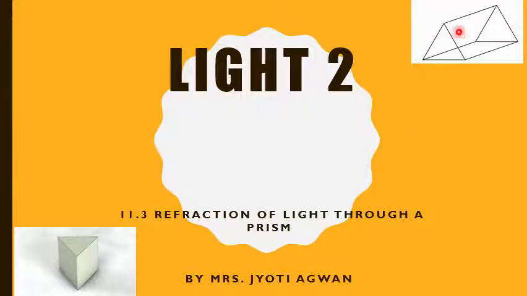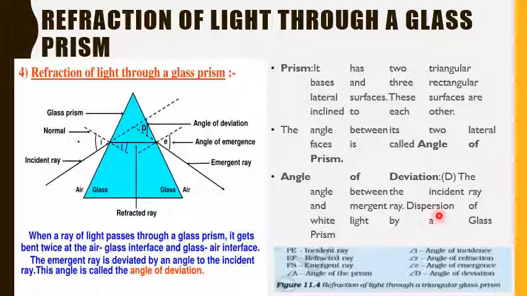See here also, this is how it will look like. When refraction occurs through this glass prism, what happens, that we are going to study. So refraction through a glass prism, just see, this is the diagram, this is given in your textbook also.